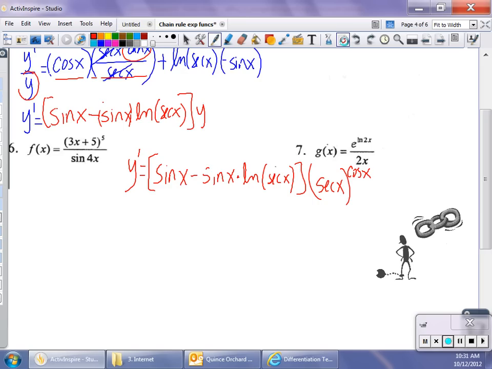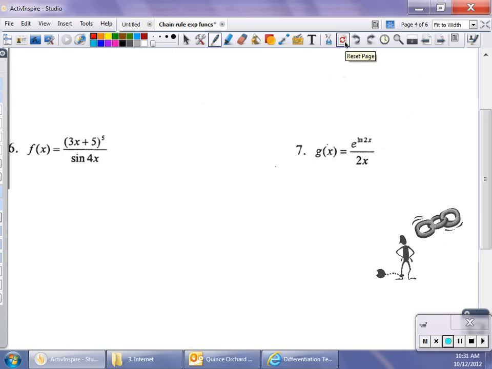I'm going to clear the board again. In problem number 6, the first thing, and it would be pretty much in this order, is the quotient rule, unless you rewrote it. You could rewrite this problem and make it a product rule if you wanted to. But from first appearances, I see the quotient rule. Then the next thing that I see in the numerator, I see the chain rule.